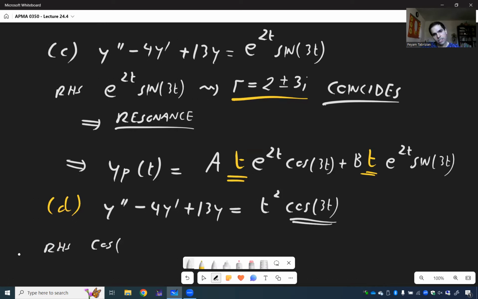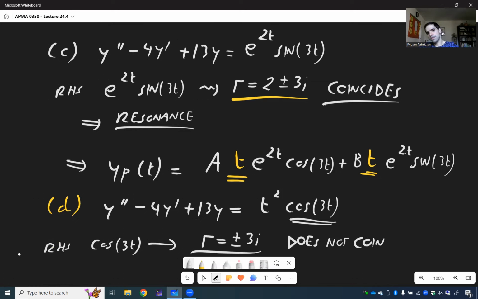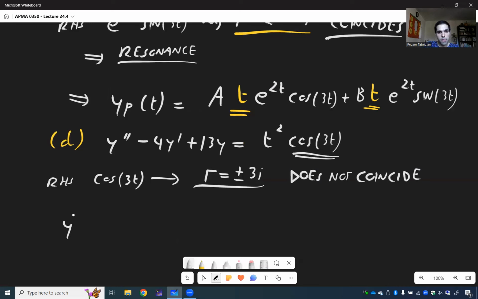The only time it matters is if it is a zero root, but that's a different story. So cosine 3t corresponds to the root plus minus 3i, which does not coincide. And so, remember, whatever happens with cosine, you repeat with sine. So definitely there's a cosine 3t and then a sine of 3t.